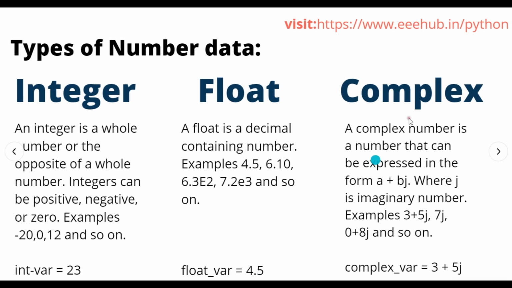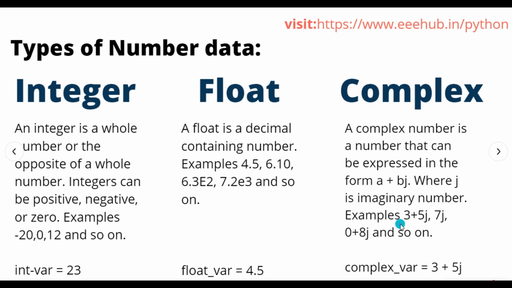Now the third is a complex number. A complex number is expressed in the form of a plus bj, where a will be the real number and b will be the imaginary number. And in some complex numbers, a may or may not be present.